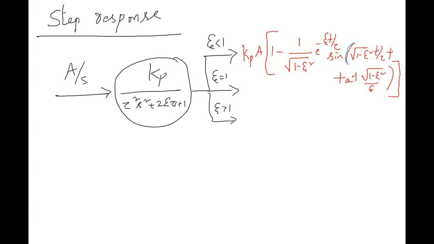These are the same. Now this is when zeta is greater than 1, and this is when it is equal to 1. No need to write, don't write in your notes. Sine of root of 1 minus zeta square t by tau. I'm just writing, but no need to write these equations, because this is something you don't need to remember.